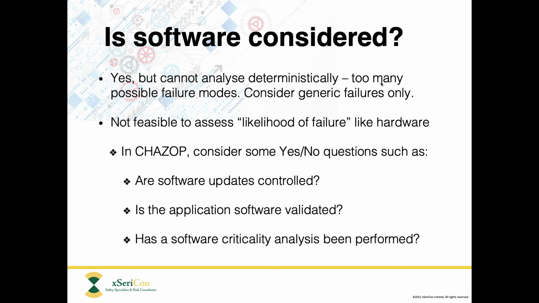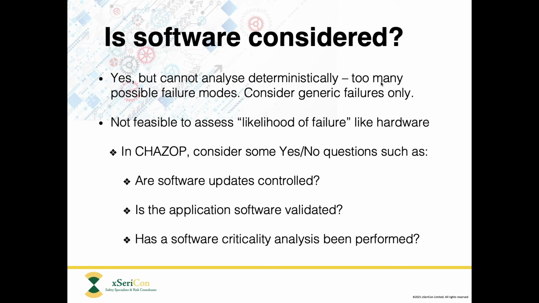And if the operator receives those alarms, and if he has information about what to do when those alarms come, and he can take an appropriate action with a reasonable amount of time to respond before the consequence occurs, then we can take credit for those system alarms in the CHAZOP. And that's a bit different from the HAZOP study, because typically we wouldn't consider those types of alarms as safeguards in HAZOP.